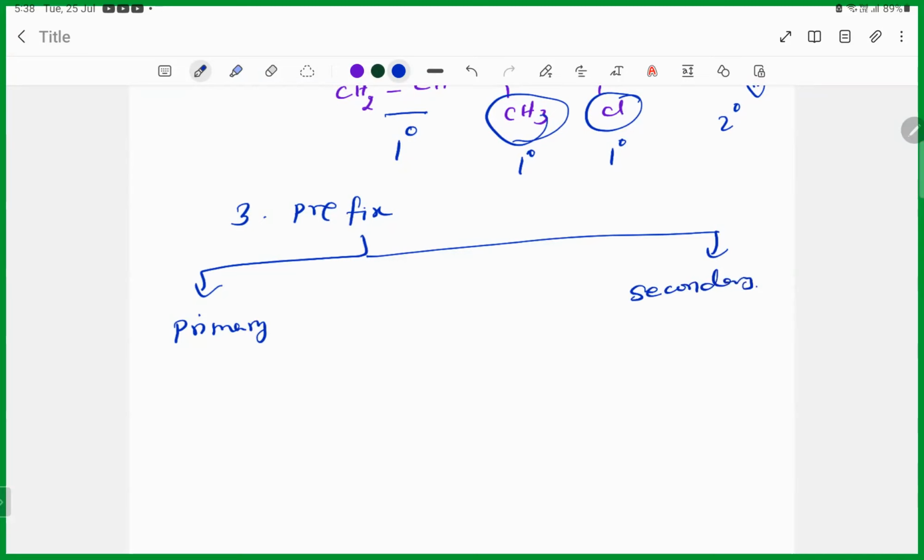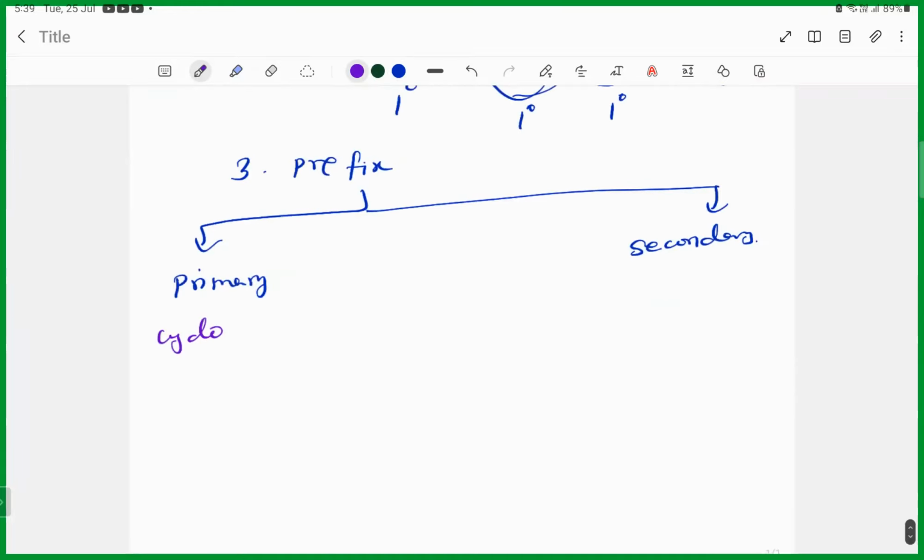The primary prefix is cyclo, added before the root word to indicate the cyclic nature of the carbon skeleton. In the case of an acyclic open-chain compound, no prefix is used. In other words, if the prefix cyclo is not used, it simply indicates the compound is acyclic or open chain. If cyclo is there, it is cyclic; if not, acyclic.